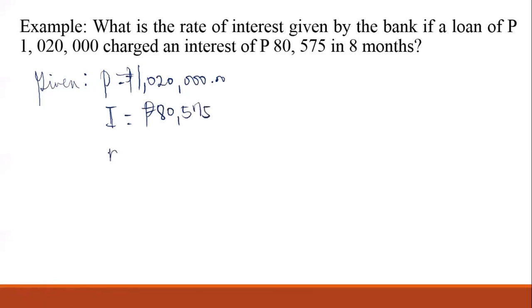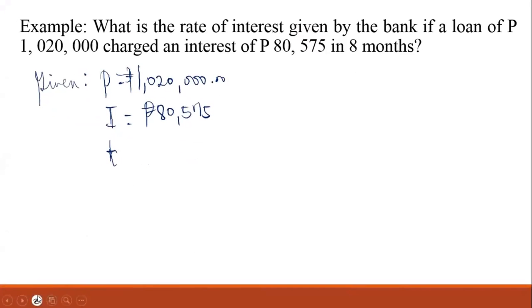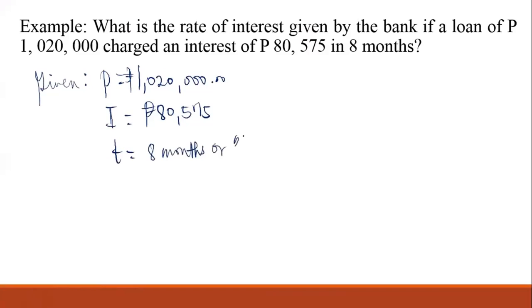And then the term or yung time. Okay. And yung time is 8 months. 8 months or 2/3 year yan. Okay, so kailangan natin i-convert yung time natin kasi yung rate of interest is per annum.